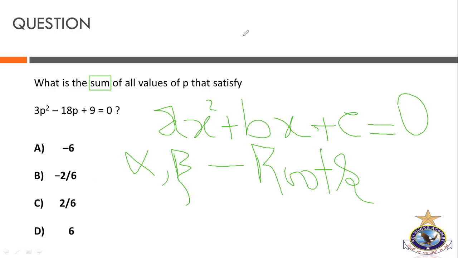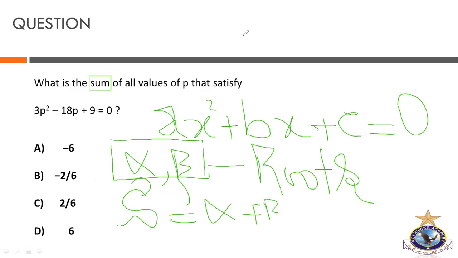So if we have the two possible values, then what is the sum? If you can recall, S is equal to alpha plus beta. How to get alpha plus beta without solving?